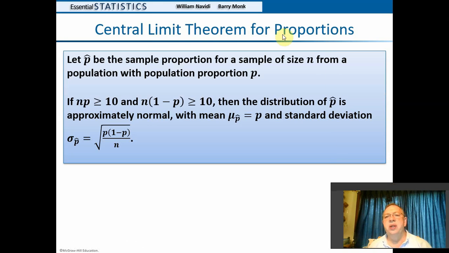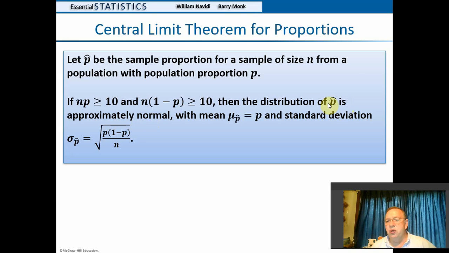So here's the central limit theorem for proportions. We saw it for the means, and now here it is for the proportions. Let p hat be the sample proportion for a sample of size n from a population with population proportion p. If n times p is greater than or equal to 10 and n times 1 minus p is greater than or equal to 10, then the distribution of p hats is approximately normal.